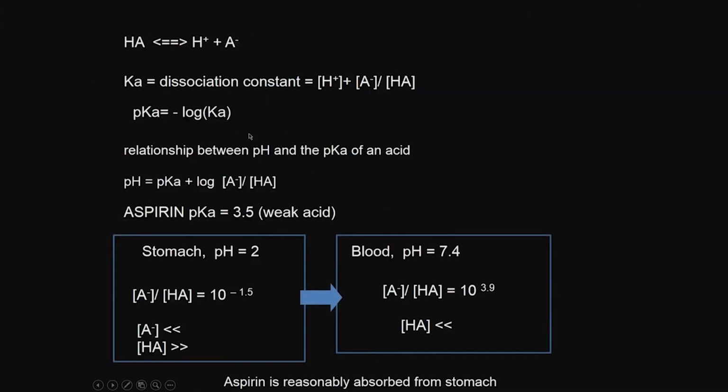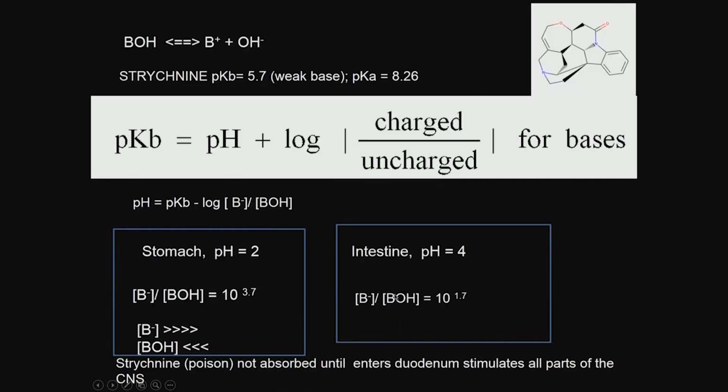if you take aspirin, which is weakly acidic, with a pKa of 3.45, it gets absorbed, whereas strychnine, which has a pKb of 5.7, goes down to the intestine to get absorbed.